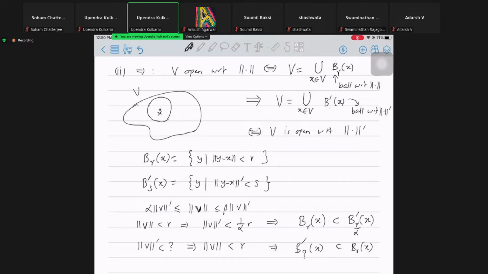Yeah. So you see, the left hand side of the inequality gave me one relation. It told me that some B is contained in some B prime. So it's the other side of the inequality that should give me the other way containment. So this question mark is something that should be in terms of beta. And what is it?